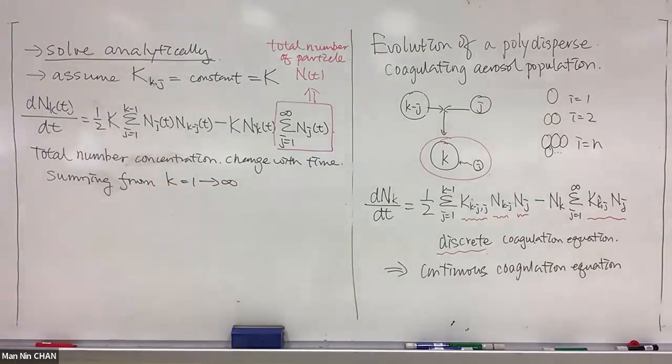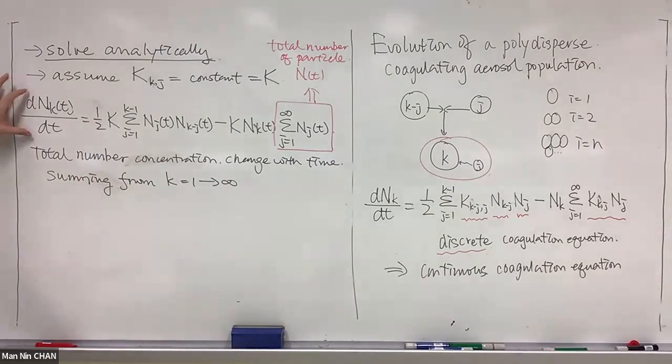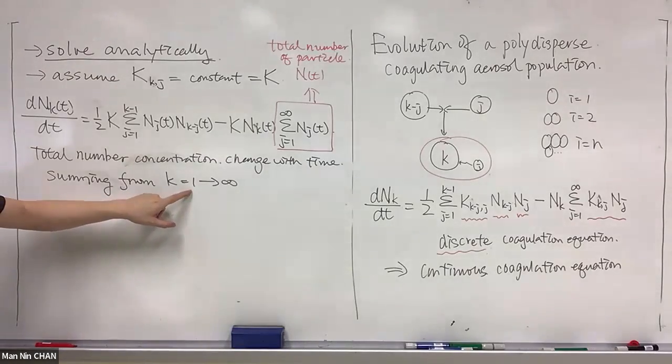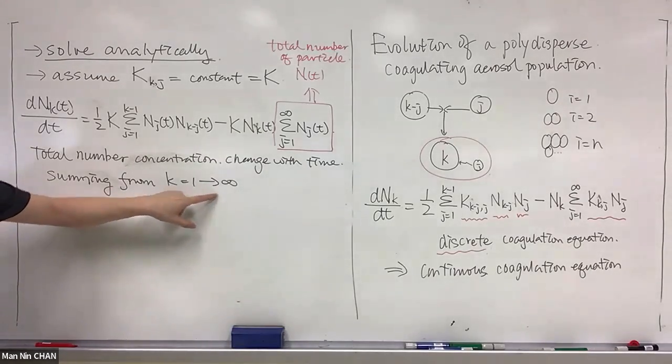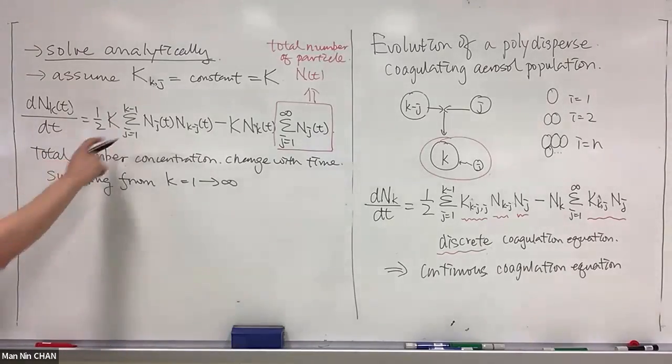I want to know how the total number concentration will change, so I consider all the particle sizes, from 1 to infinity. Then I can just do the summation here.